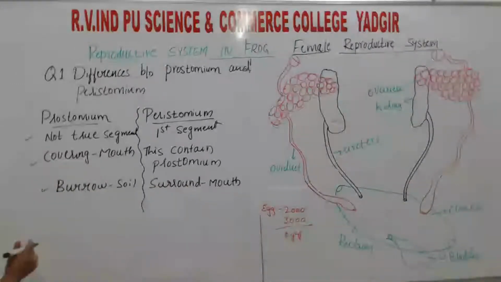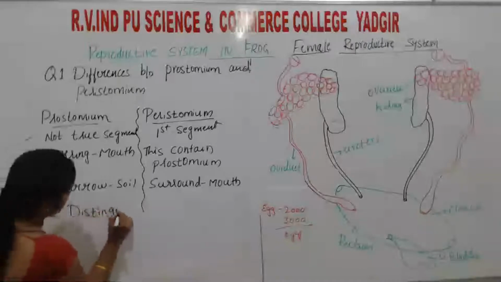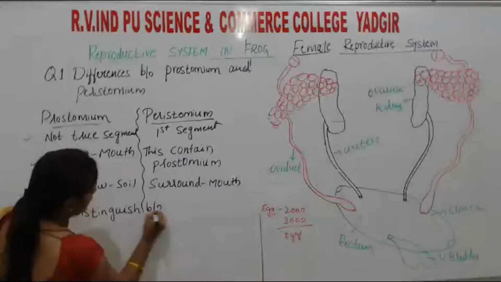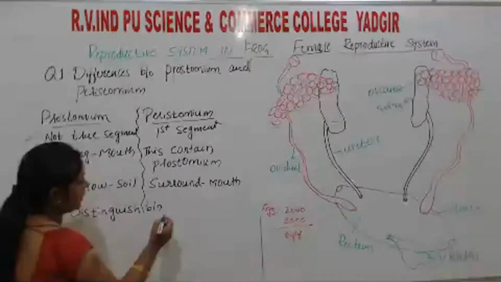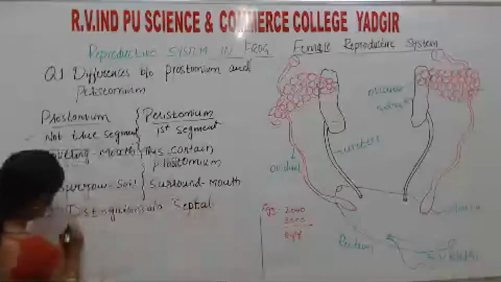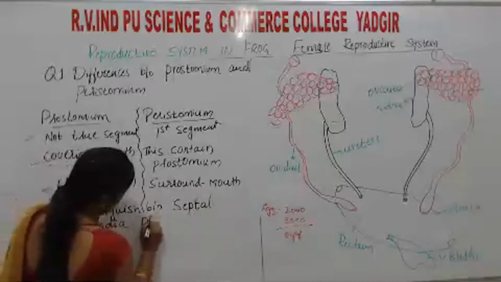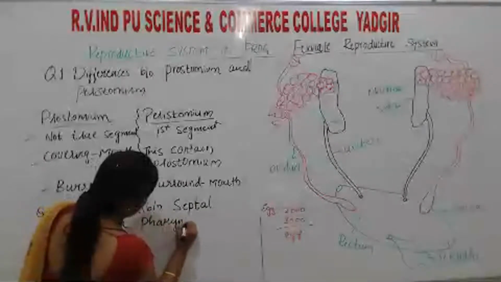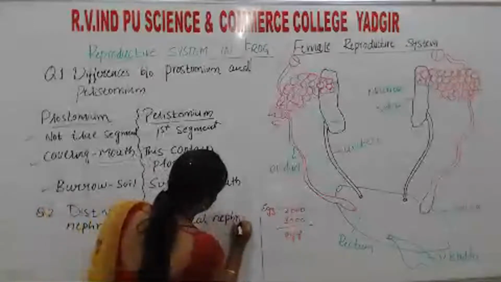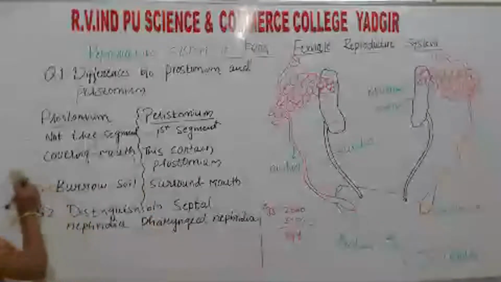Next, one more question. Question number 2. Again, distinguish between septal nephridia and pharyngeal nephridia.